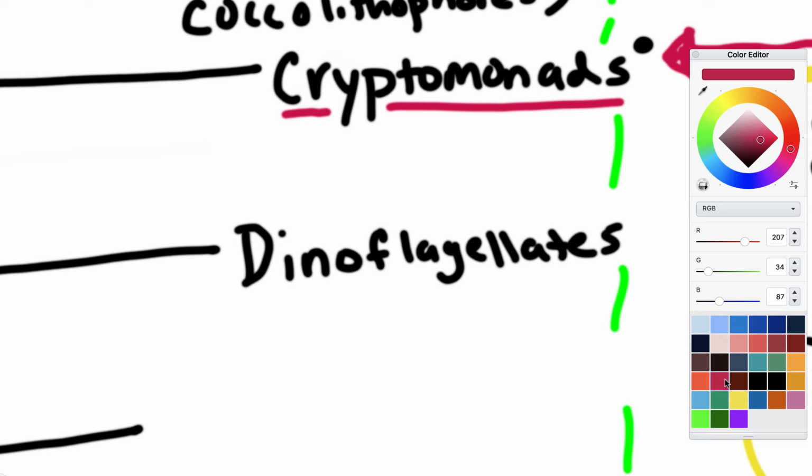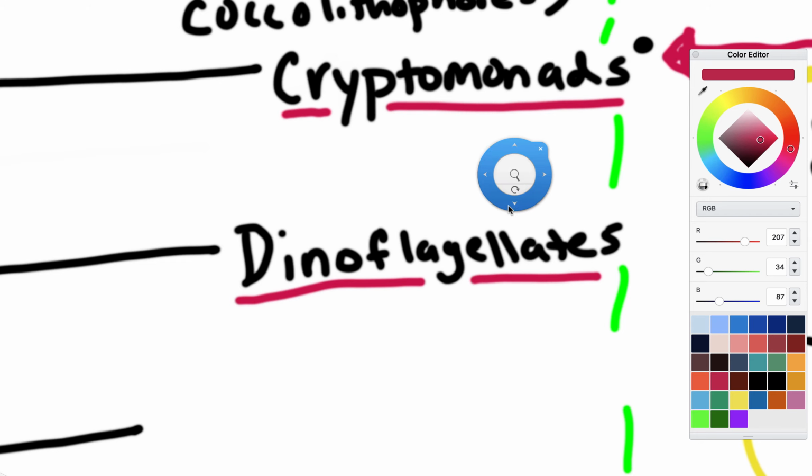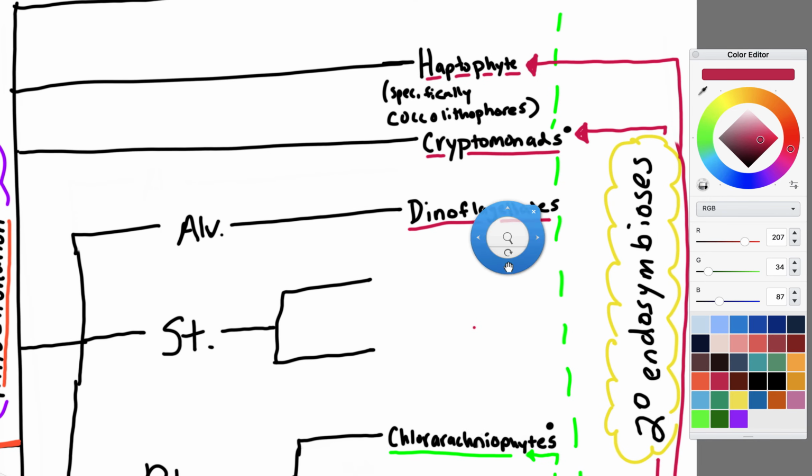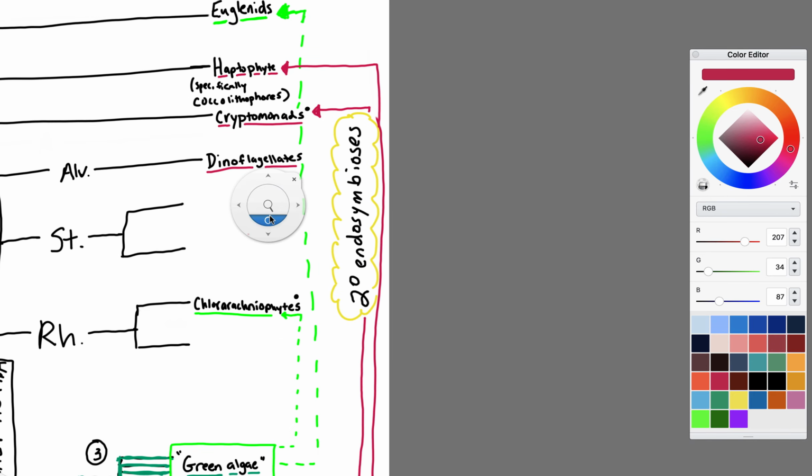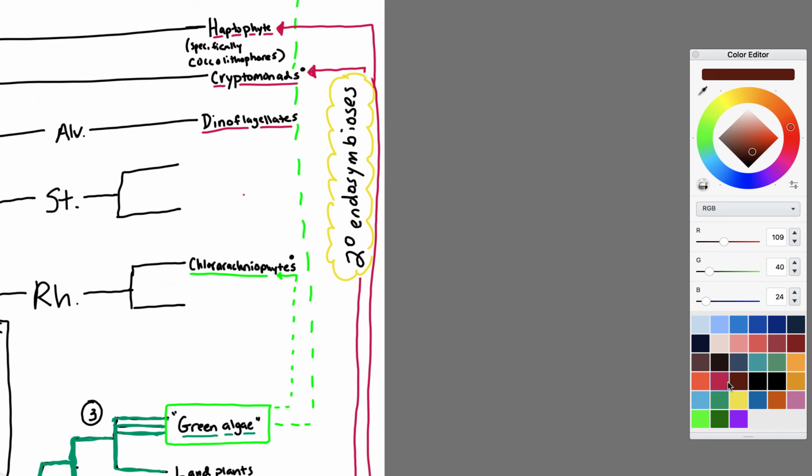So dinoflagellates are pretty diverse in those, but for sure, many of the dinoflagellates have their chloroplast derived from a red alga. And it's possible that all of them have this originally, and then they may have lost it instead.